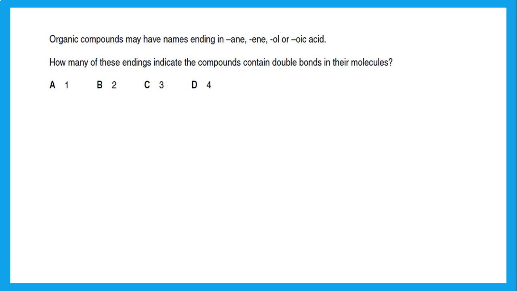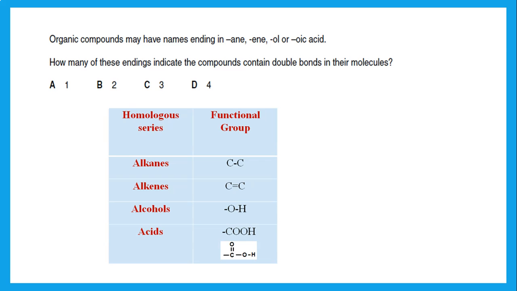Organic compounds may have names ending in ane, ene, ol, or oic acid. How many of these endings indicate the compounds contain a double bond? Which of these contains double bonds? You should remember alkane, no double bond, they're all single. Alkene will have a double bond between 2 carbon atoms.